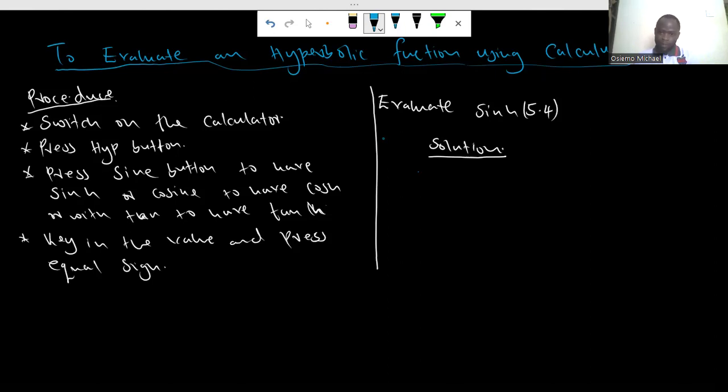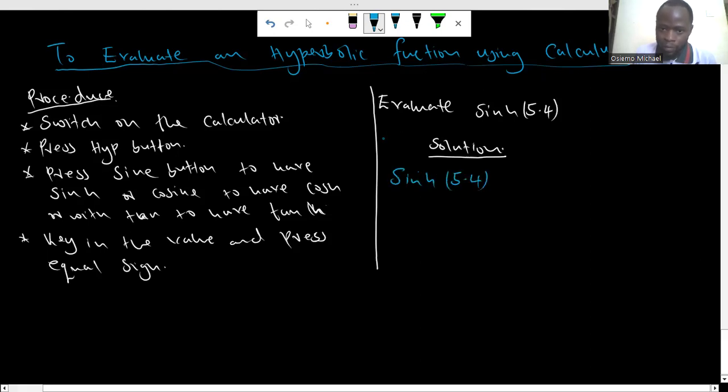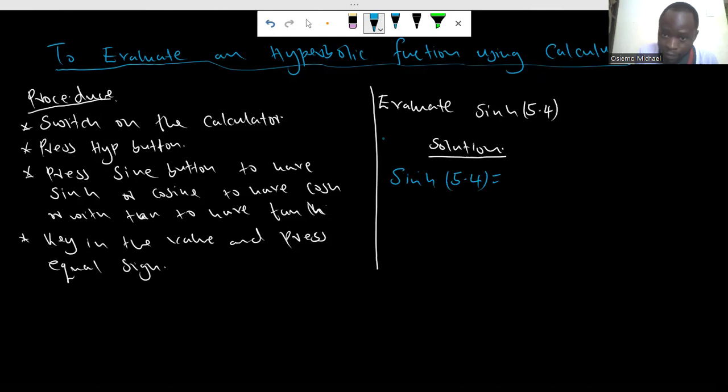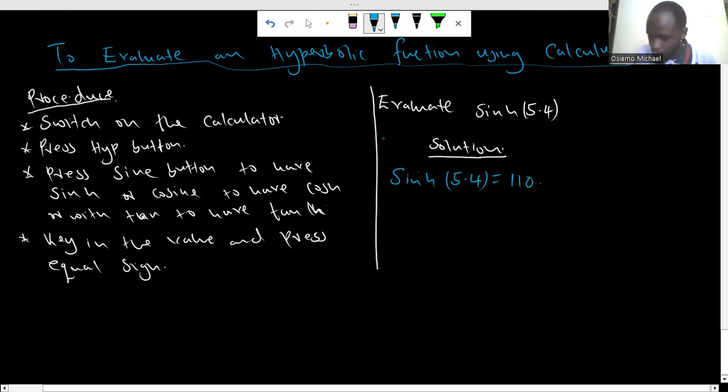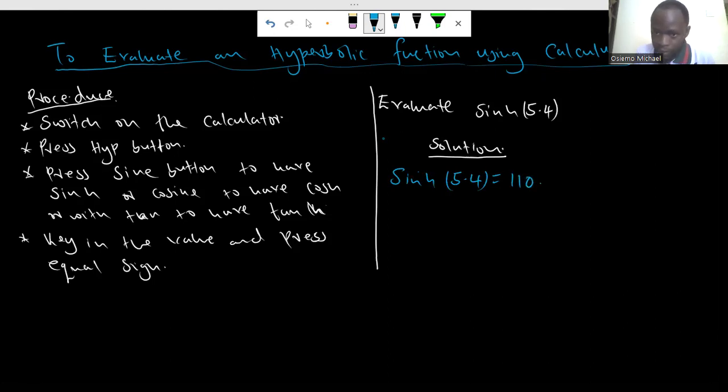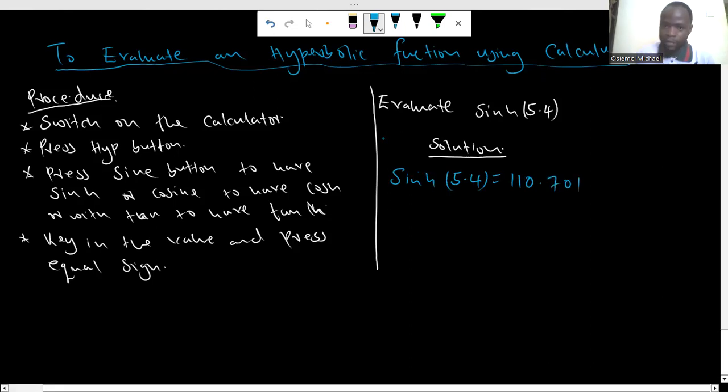After you get the sine hyperbolic, you press 5.4, and then you get the answer. So the sine hyperbolic of 5.4 is equal to what? You get a value of 110.701.